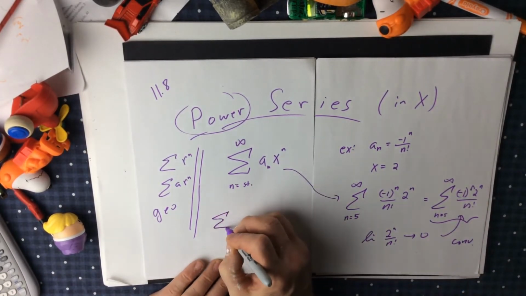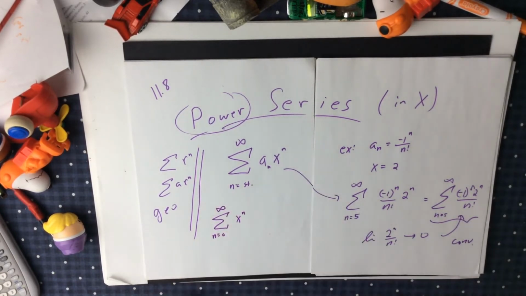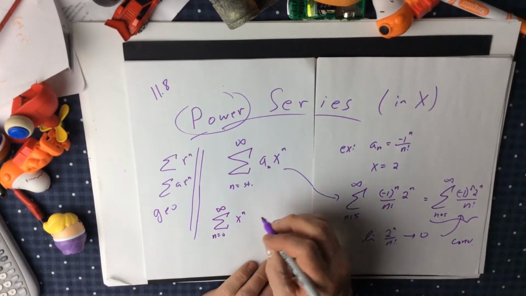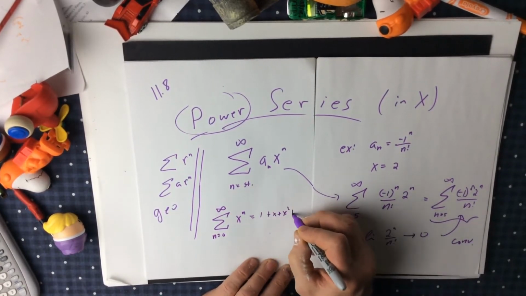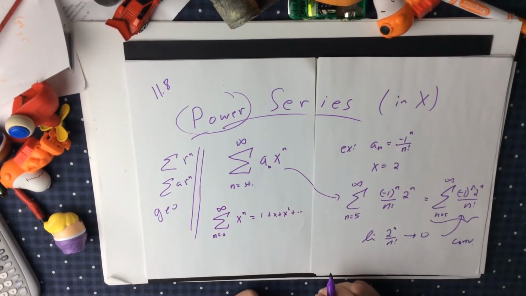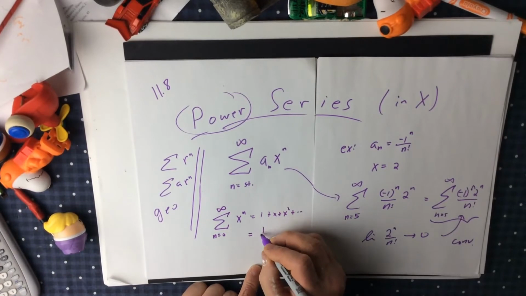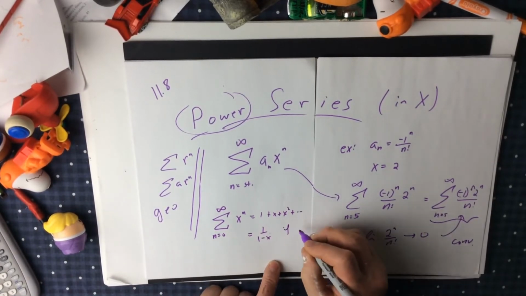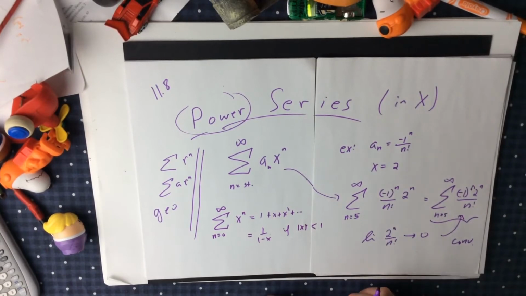So for example, this says every coefficient is going to be 1, and it's just 1 plus x plus x squared plus forever. That's the geometric series where we replaced r by x. And the answer is it's 1 over 1 minus x if we have small enough values of x.